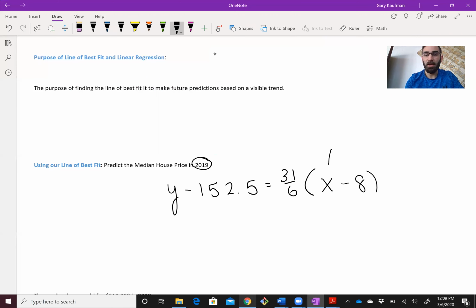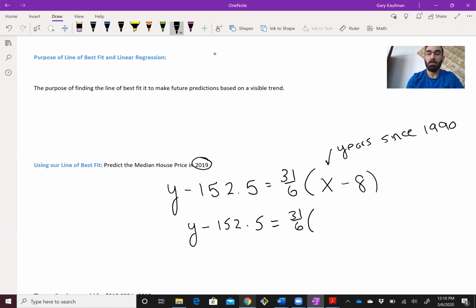Well, x is, again, years since 1990. So 2019 is 29 years. So we're going to say y minus 152.5 equals 31.6 times 29 minus 8, which is y minus 152.5 equals 31.6 times 21.